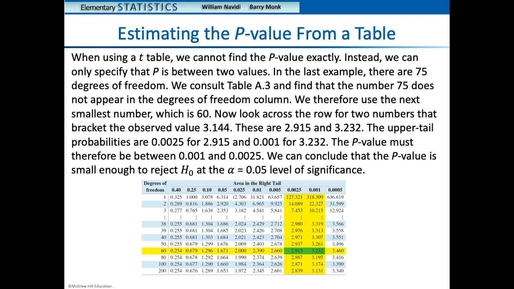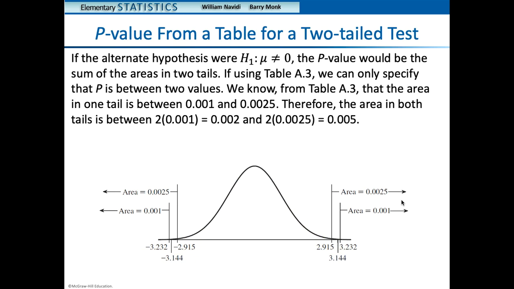And then, of course, if you have a two-tailed test, then the step you would want to take is take each of the area in right tail numbers at the top of the chart and multiply them by 2, because the p-value for a two-tailed test has to account for both the right tail and the left tail, but those areas will both be the same size because of the symmetry of the curve, so we just double the areas to account for that.